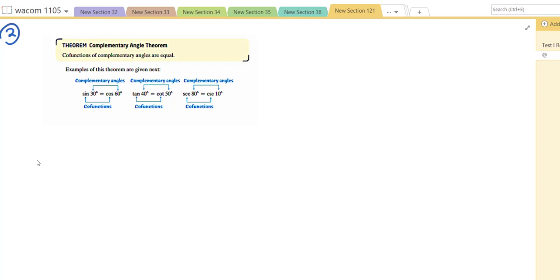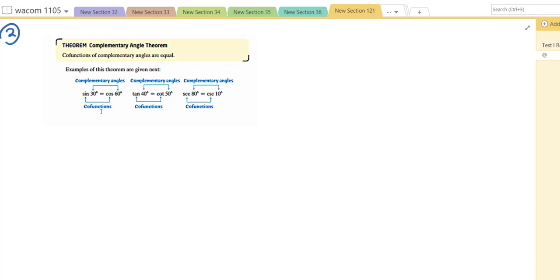Next, you want to remember the theorem about complementary angles. We have the cofunction of complementary angles, that they are equal. So if we have the sine of 30 degrees and the cosine of 60 degrees, they're going to be equal because it's a complement.